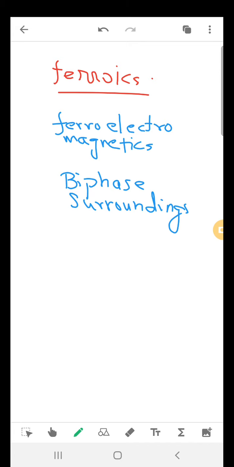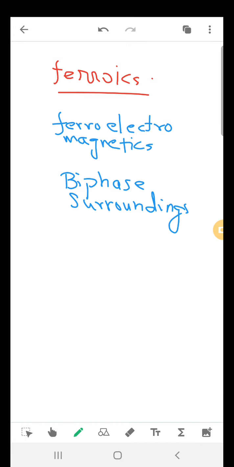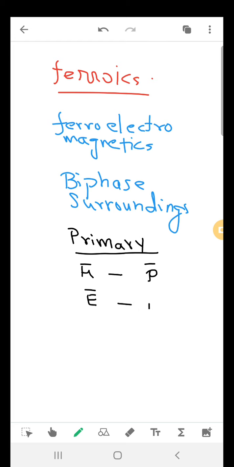So there are two types of ferroelectromagnetic materials. One is called the primary. In the primary one, if we place the material in a magnetic field, it will get electrically polarized, and if we place it in an electric field, magnetization will develop in it.